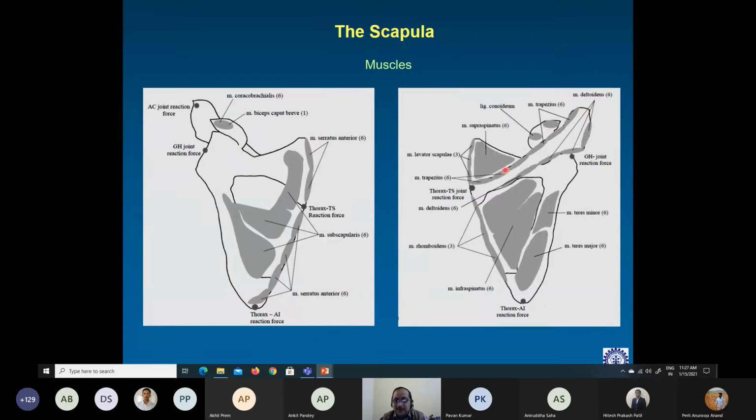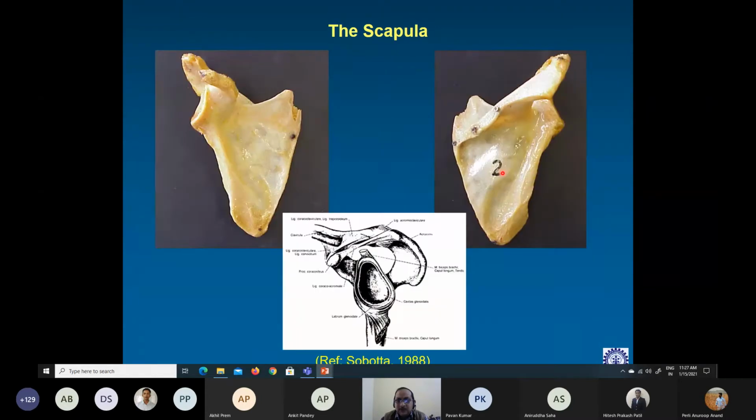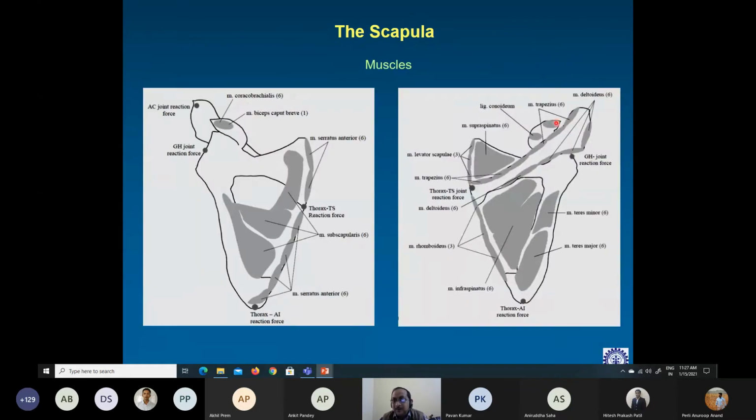Okay, the spine is there. If I go back slightly, I will show you the spine. So this is the spine. On the inferior side of the spine, there is the deltoides. On the superior side of the spine, all along the spine, there is the large muscle trapezius. 6 lines of force for trapezius, 6 lines of force for the deltoides.